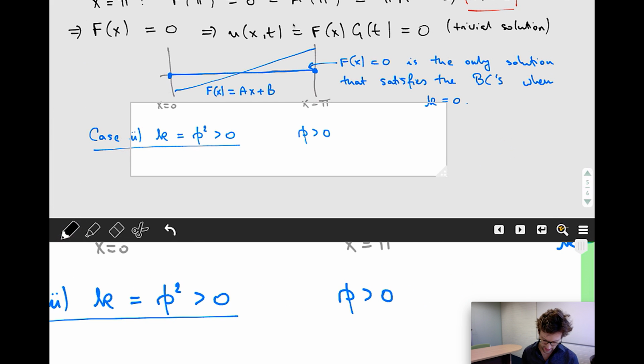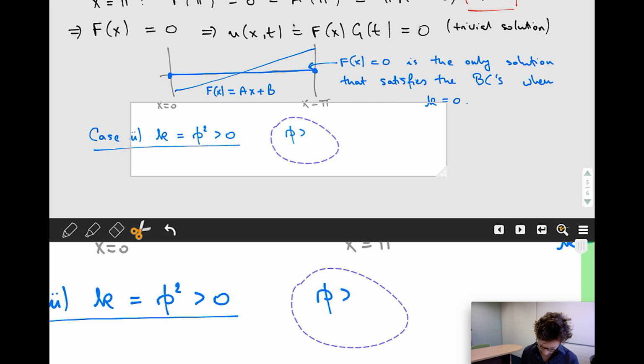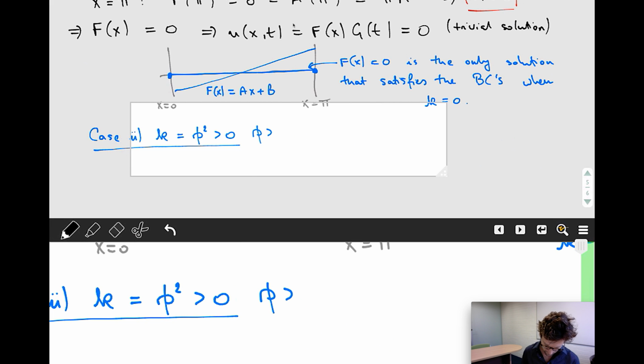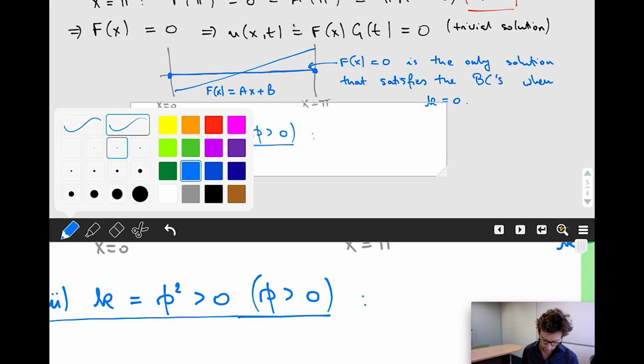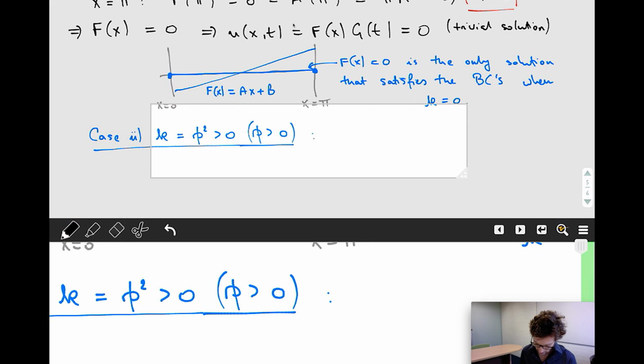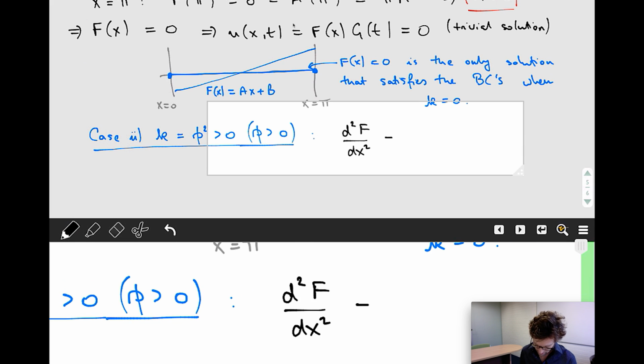So what does that say about p? p is greater than 0. I don't want p equal to 0 because that would give me k is equal to 0. So what does my differential equation become? I've got d squared f dx squared minus p squared f of x is equal to 0.